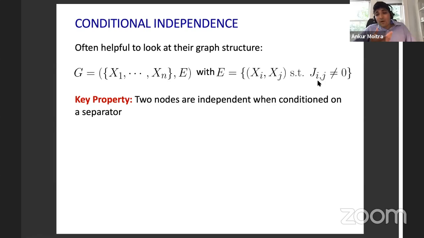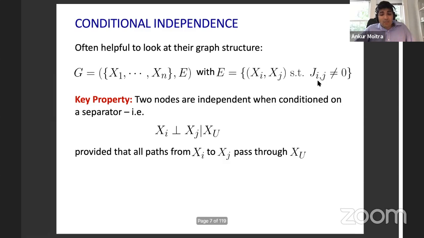And the key property, why it's useful to look at the graph structure, is because it encodes the conditional independence structures in the model. So two nodes, if we look at xi and xj, they're independent when we condition on some other set of nodes if that set of nodes is a separator.